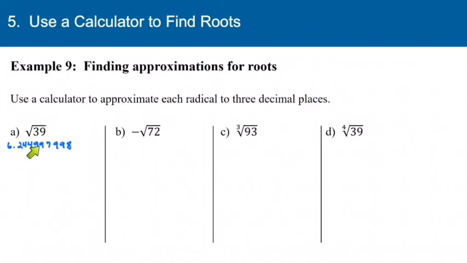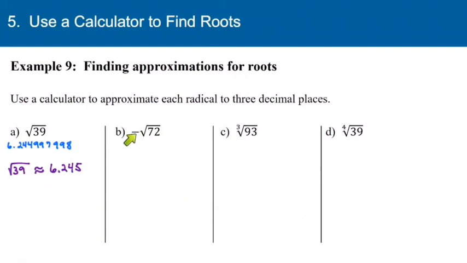So this 9 means that when I cut off all these extra digits, I'm going to take this 4 up to a 5. So our final answer here is approximately 6.245. Notice the wavy equal mark means we are rounding. So the square root of 39 is approximately 6.245.